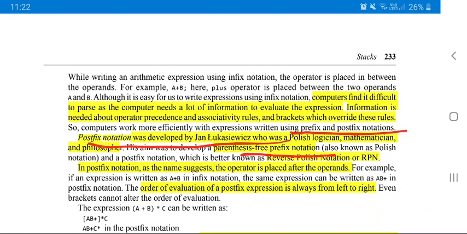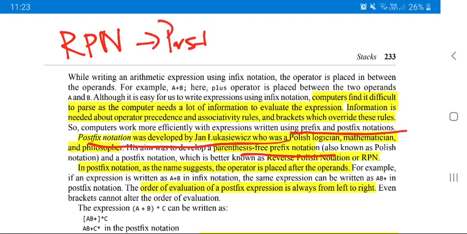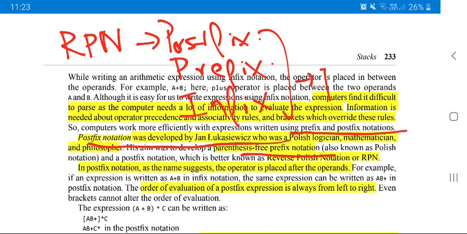In order to avoid that, they use postfix notation and prefix notation. Postfix's other name is reverse Polish notation. So postfix, prefix and infix together are called Polish notation.